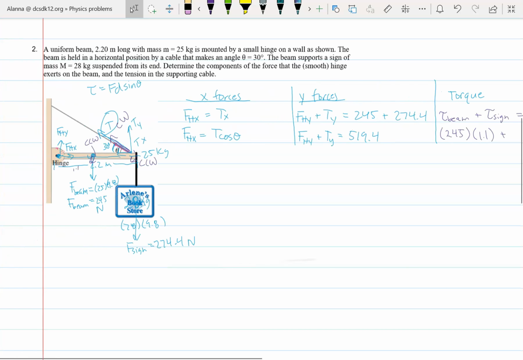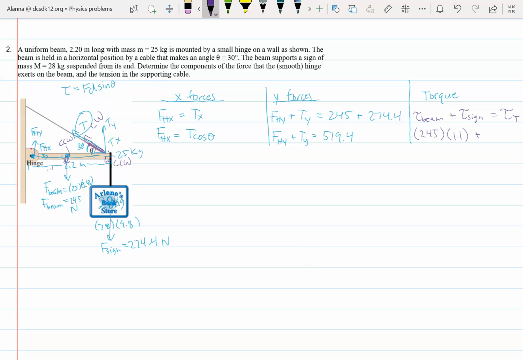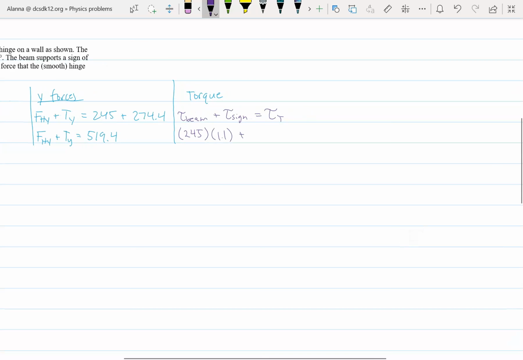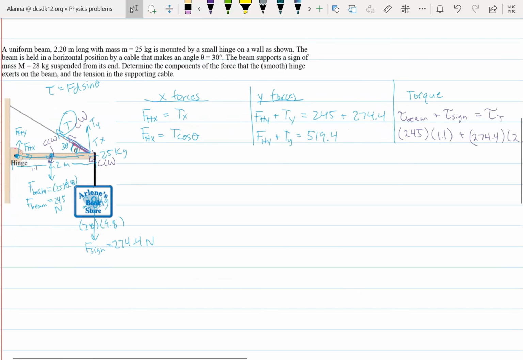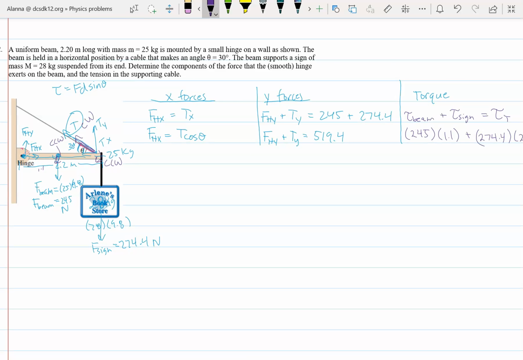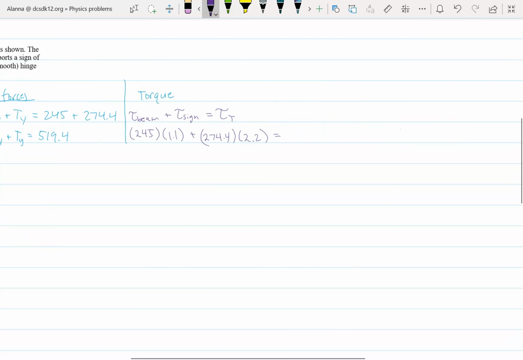And then the torque from the sign is its force times its distance from the axis of rotation, which is 274.4 times 2.2. And since there's an angle involved here, the torque from the tension is going to equal its force times its distance from the axis of rotation times the sine of the angle it's being exerted at. So we don't know the force, so we're going to leave that as our variable T. D is 2.2, and then the sine of 30 degrees.